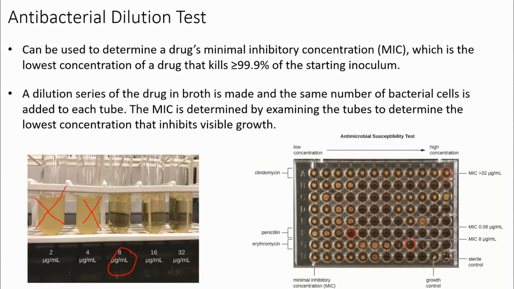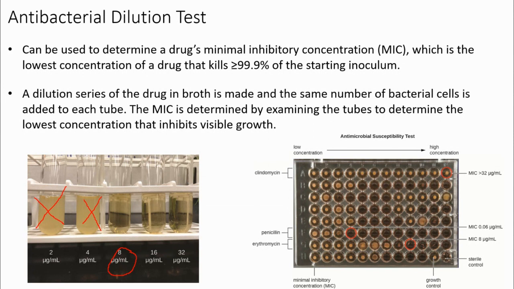But 8 micrograms per mil was just enough to prevent bacterial growth. So that would be our MIC. Okay, so there's no need to give your patient 16 or 32 micrograms per mil when 8 is sufficient. Okay, and so our MIC here would be 8 because no growth occurred at that concentration of antibiotic.